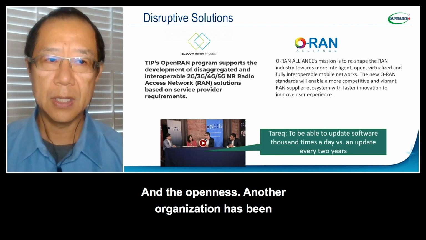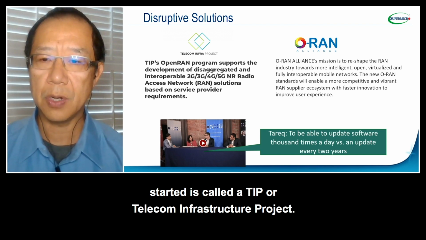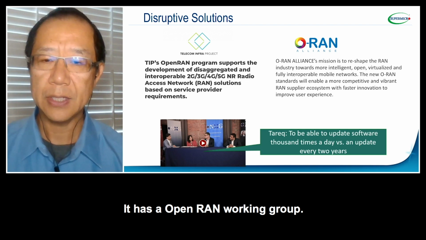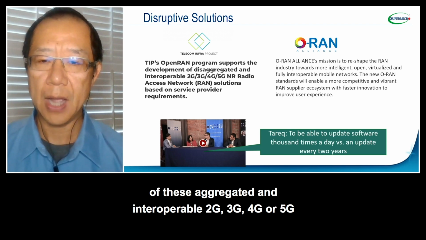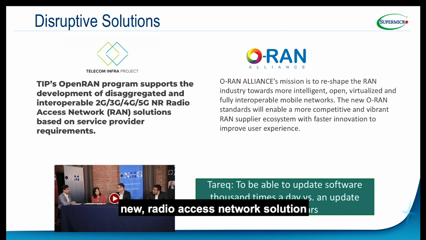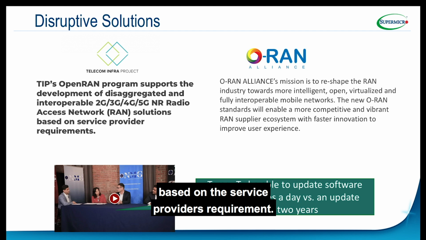Another organization has been started. It's called the TIP, or Telecom Infrastructure Project. It was started by Facebook, Intel, and many operators. It has an OpenRAN working group. Its mission is to support the development of disaggregated and interoperable 2G, 3G, 4G, and 5G new radio access network solutions based on the service provider's requirements.